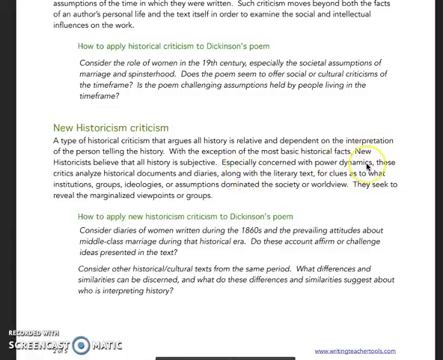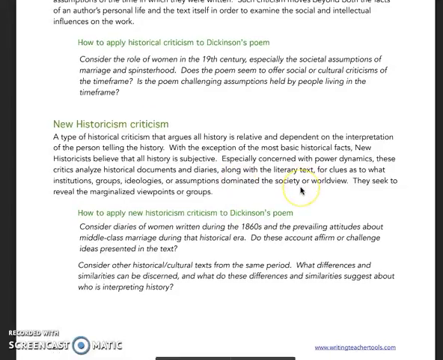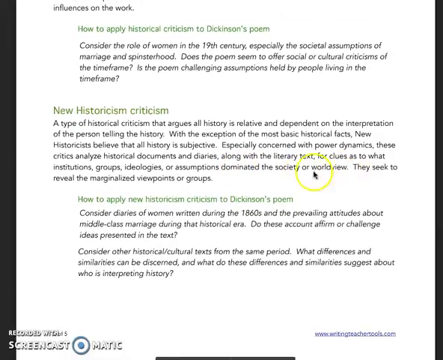They're looking for the power dynamics at play within these different alternative texts that were written contemporaneously, so written at the same time. So other historical documents, diaries, other texts. They are looking for what other groups or institutions or assumptions dominated the viewpoint of that time.